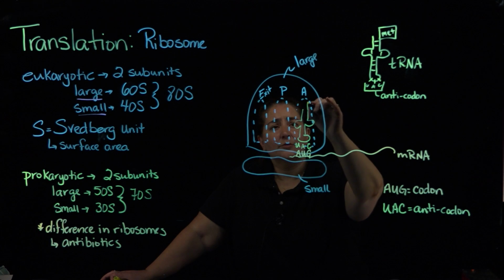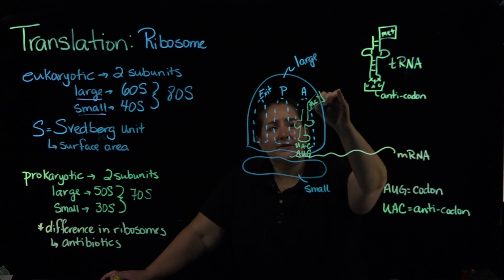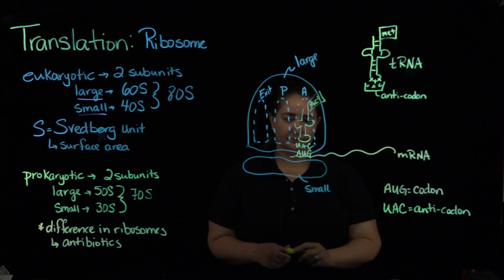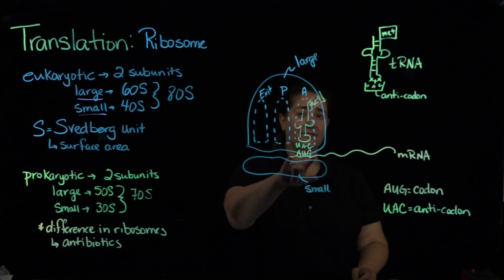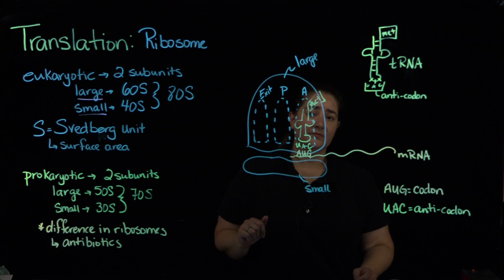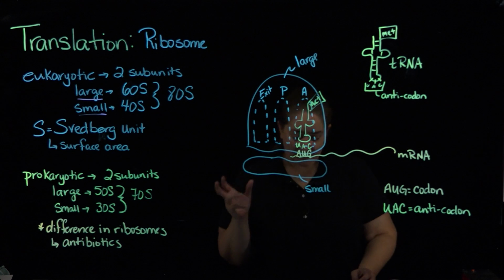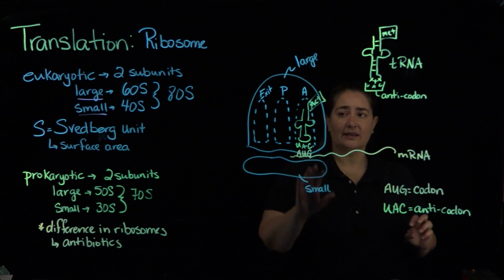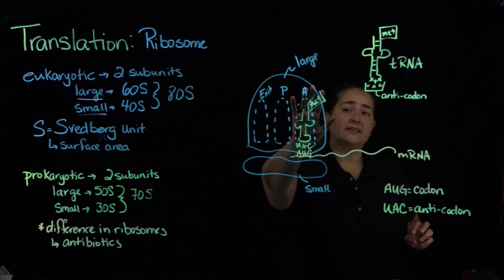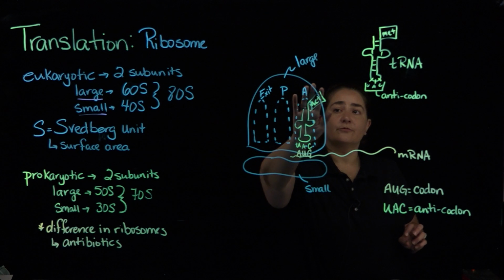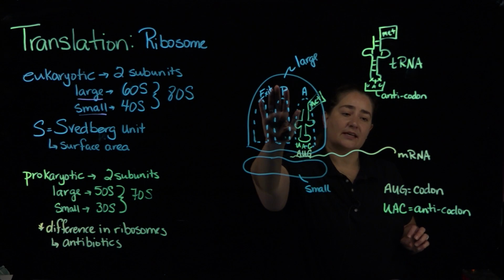What that's going to do is come in and match up. And we've got our methionine here with the sequence on our messenger RNA, and that's going to start our protein chain. Then what's going to happen, and this is where the animations are going to be better than me drawing on the board, is that tRNA will translocate, or move, from the A site to the P site.